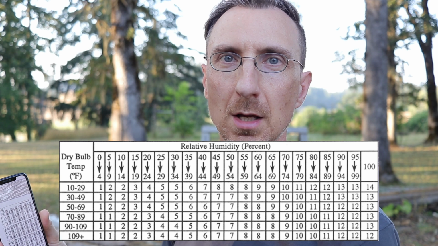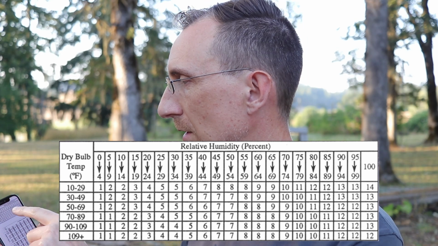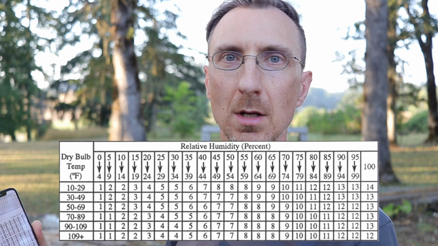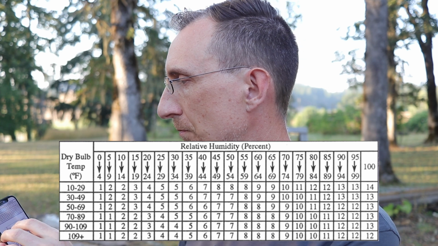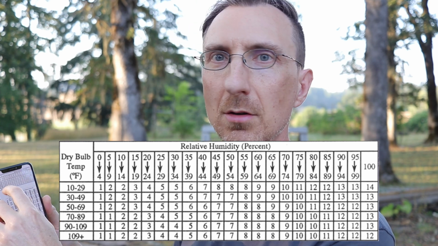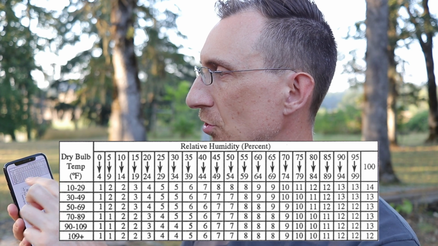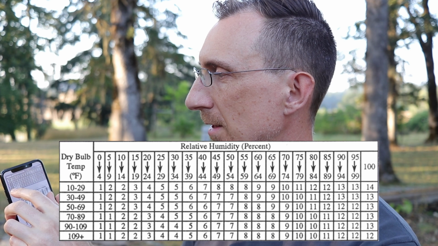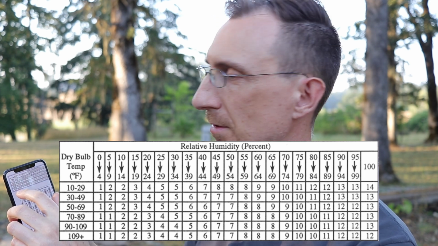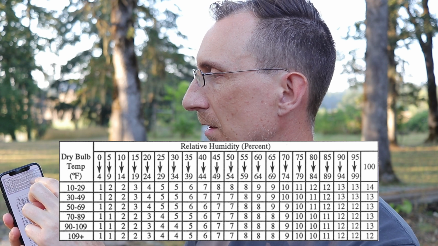It's the dry bulb temperature, and that refers to just the air temperature that's out there. And then we have relative humidity, so we can get that from our humidity in the area here. We go down our graph and find our temperature range. If we're at 85, that means it's going to be 70 to 89 degrees. Then we go over on our graph till we find the humidity.